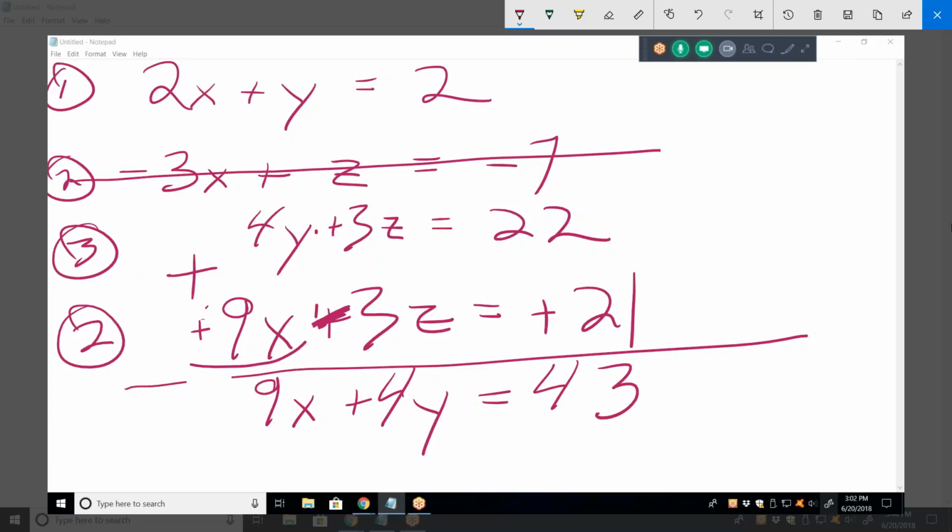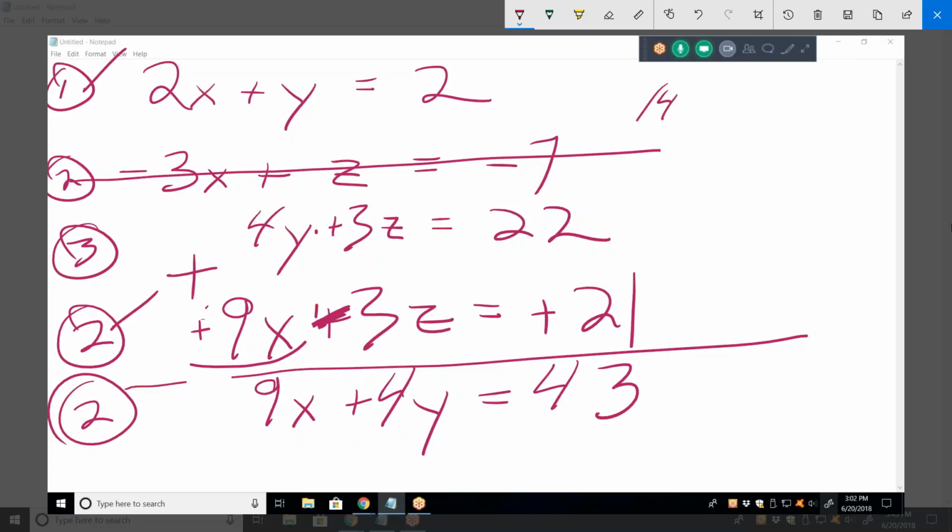Now, notice what we have. We've taken our three equations and three unknowns, and we're down to two equations. And here's the next one. Whenever you have 3 and 3, you always end up creating 4 and 5.